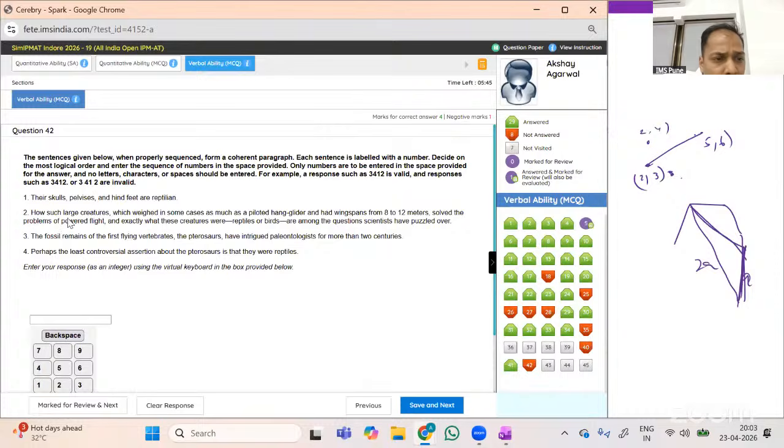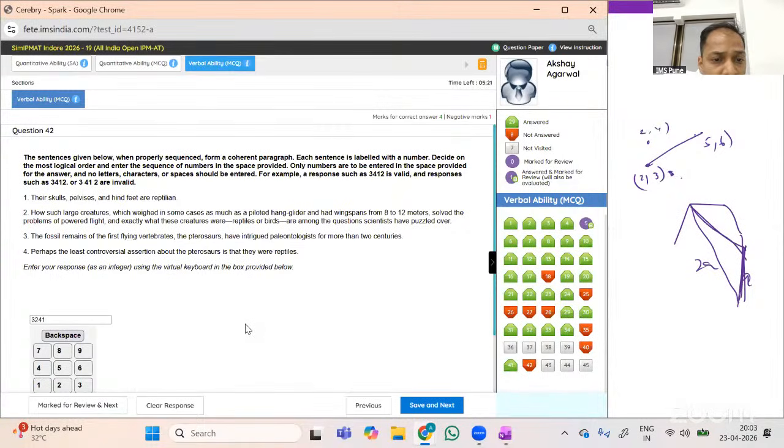Okay, 3241 maybe. How such large creatures fly, hang glider... solve the problem with power.